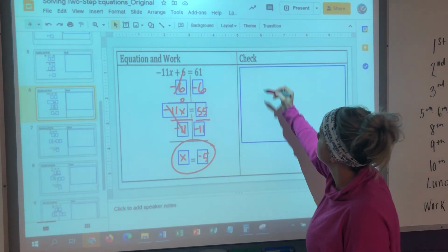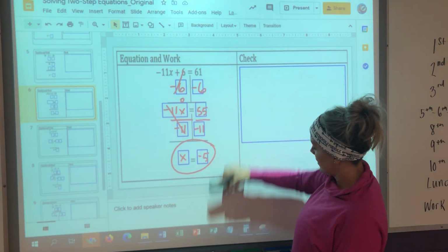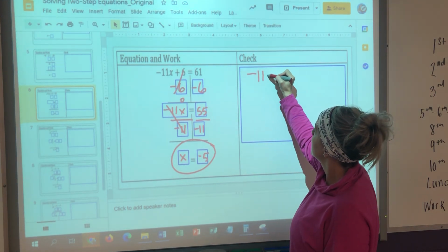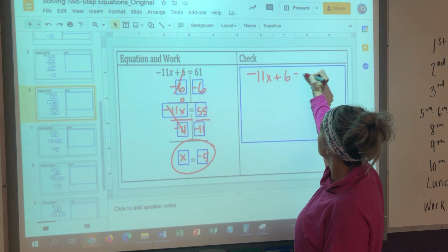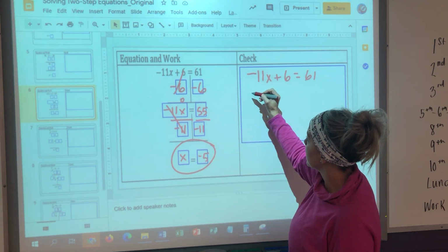When I go to check that, whoops, hard to read that. Rewrite it, plug in my value.